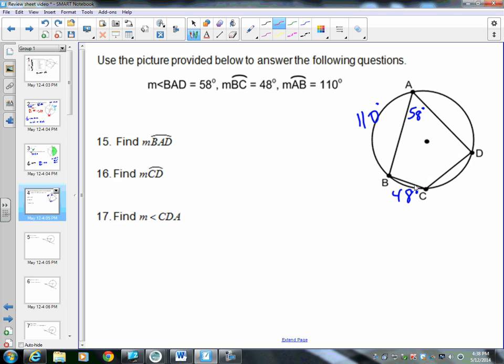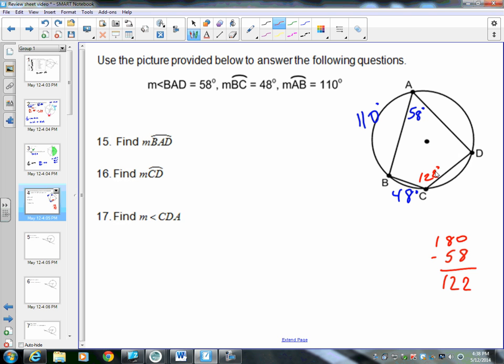Supplementary means adds up to 180. So we can find angle C by A and C being supplementary. If we know what A is, we can subtract out A, which is 58 degrees, from 180, and that'll give us angle C. So 180 minus 58 is 122, and that's what angle C is, 122 degrees.